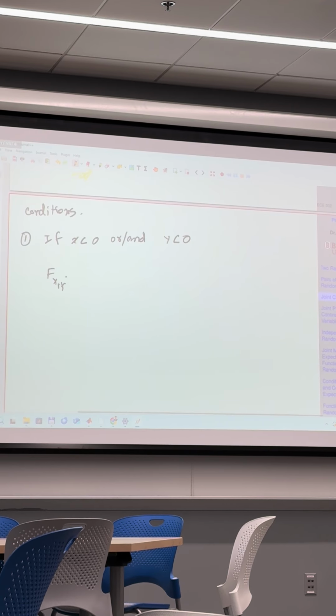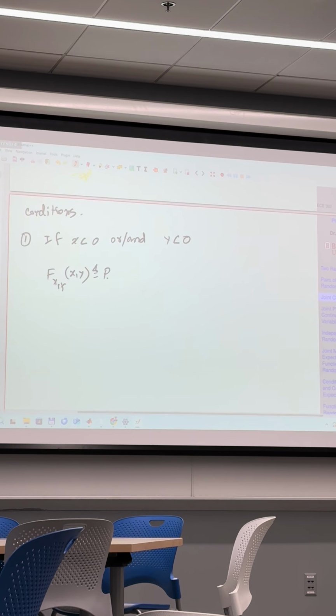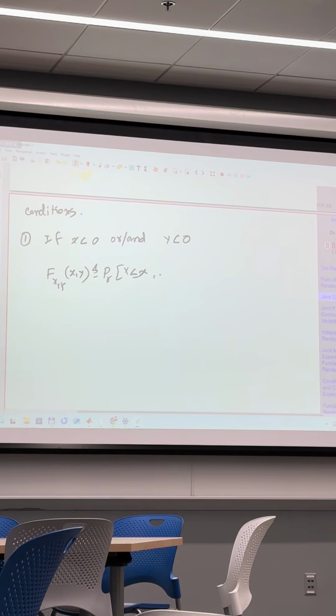F sub X,Y taking value x, y, by definition, is the probability that X less than or equals x, comma, Y less than or equals y. So it is going to be 0.